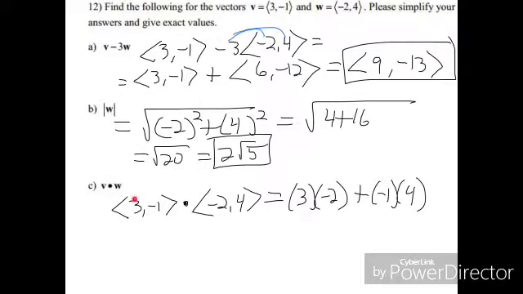So the first times the first, always plus, the second times the second, and we get negative 6 minus 4 is negative 10. Now the dot product can be used, for example, if the dot product is 0, we know that these are perpendicular. Things like that. But just to find it, that's that. It's done. This is the easiest question for a while. All right, let's move on to the next one.